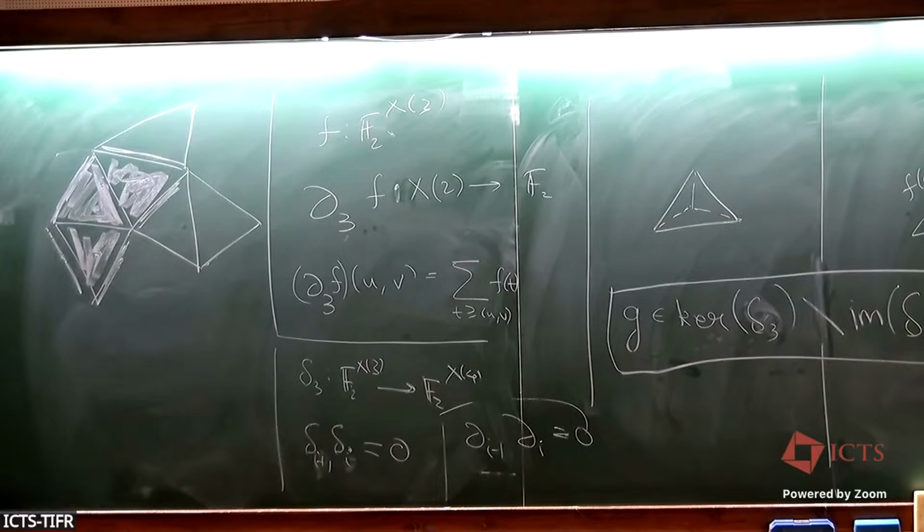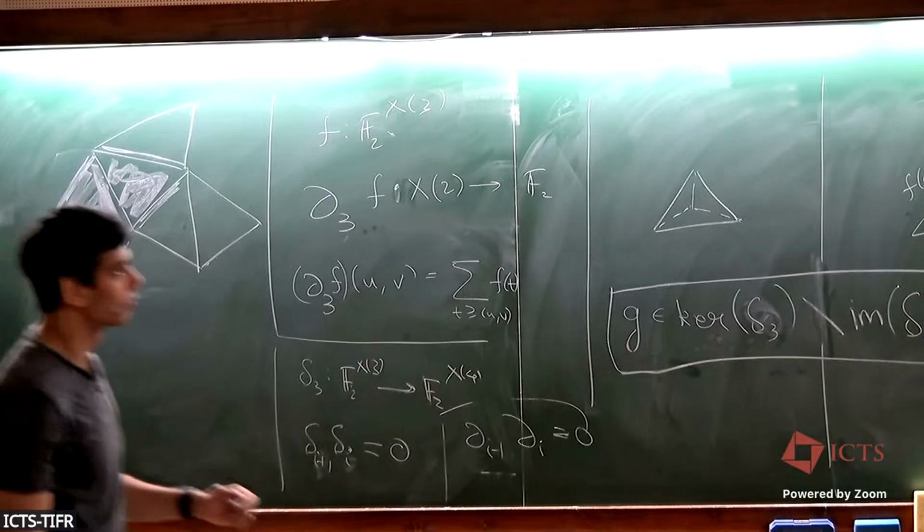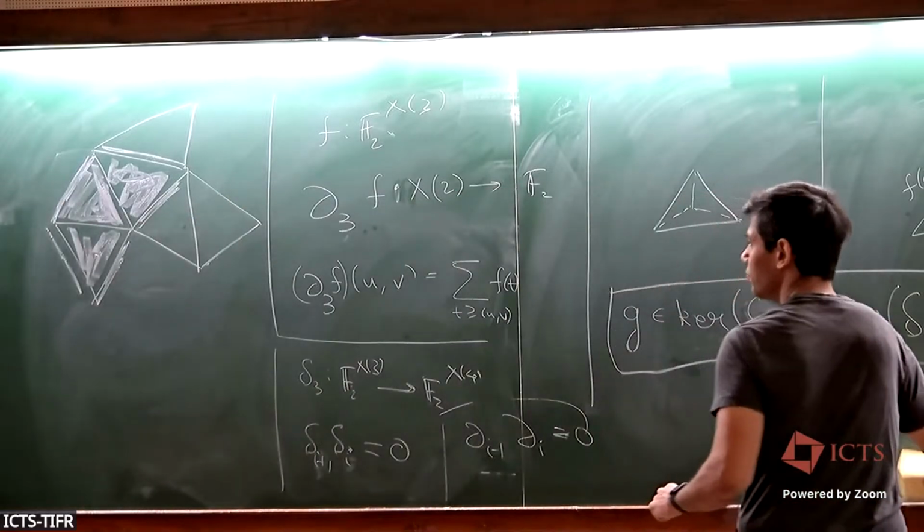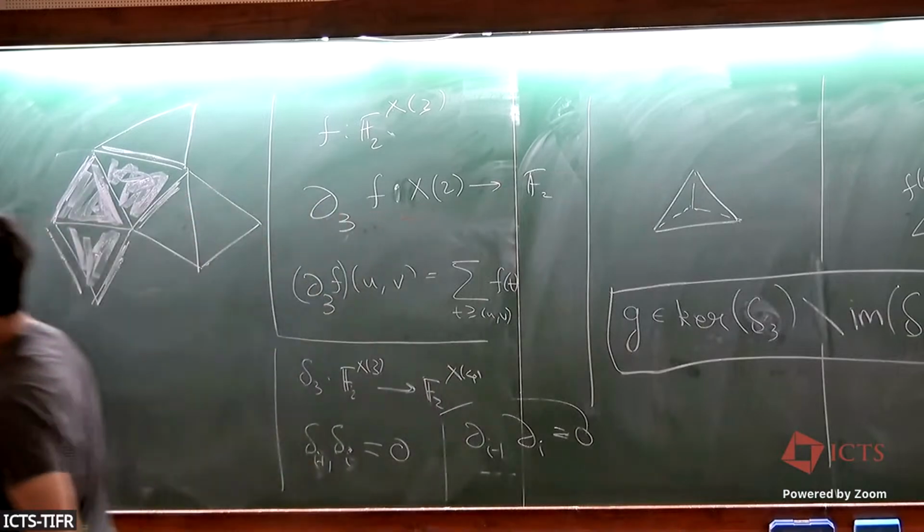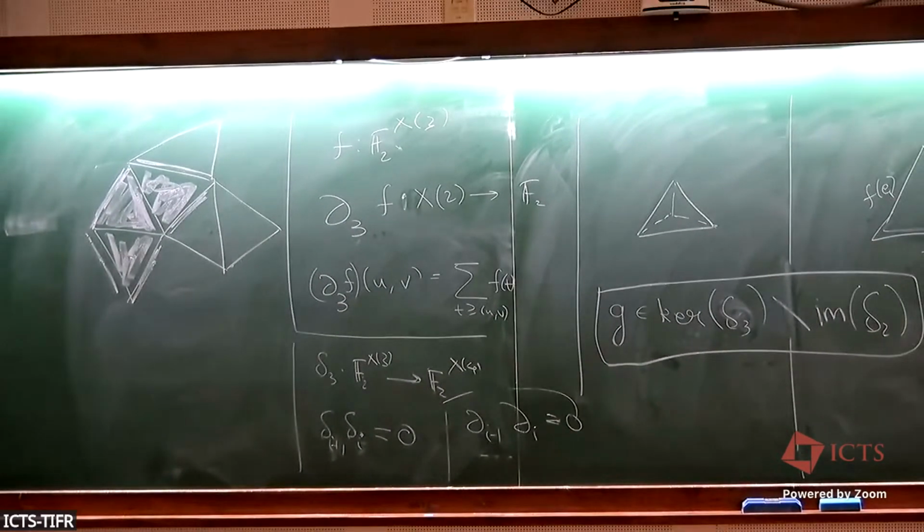The fact that you don't have a short refutation... let's forget about this tetrahedron issue for a second. The fact that we chose G to be in the kernel of delta 3 will take care of it.